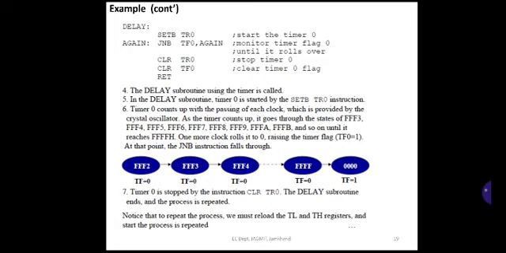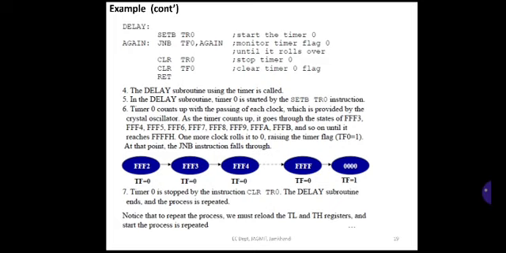As the timer counts up, it goes through the states FFF3, FFF4, FFF5, FFF6, FFF7 up to FFFF. With one more clock, it rolls over from FFFF to 0, raising the timer flag, that is TF0 becomes 1.